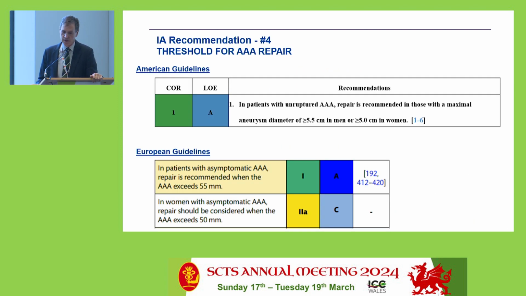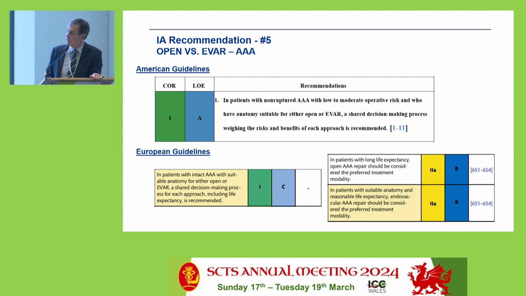So in patients with unruptured AAA, I don't know that you could say there's 1A that women should be replaced at 5, but I think at least 1C would be reasonable, because women probably should not be held to the same criteria as men.